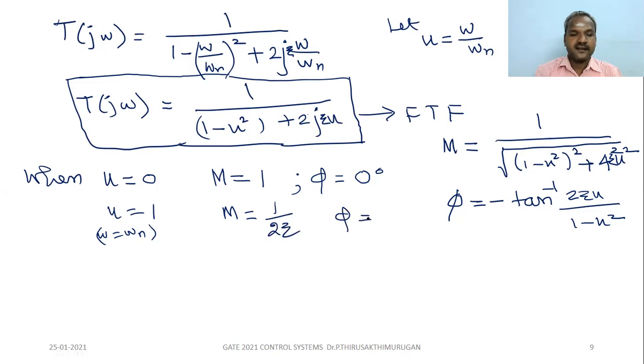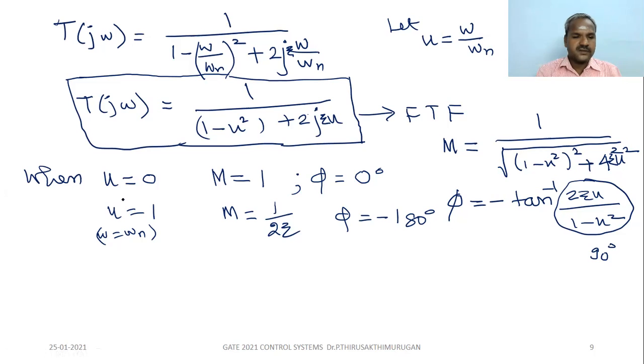So what is phase angle when u equal to 1? Here 1 minus 1, 0, tan inverse of infinity. Actually, when you go for second order system, we normally take 90 degree. But in second order case, there are 2 poles, right? So it becomes minus 180.